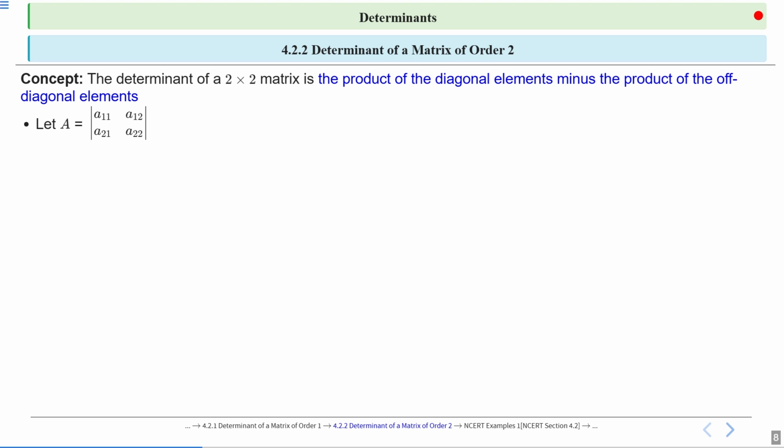Let's consider a matrix A of 2 cross 2, that is a11, a12, a21, a22 with vertical lines, and these vertical lines represent determinants. The square bracket represents matrices, and if there are vertical lines, then we have to find the determinant of that matrix.